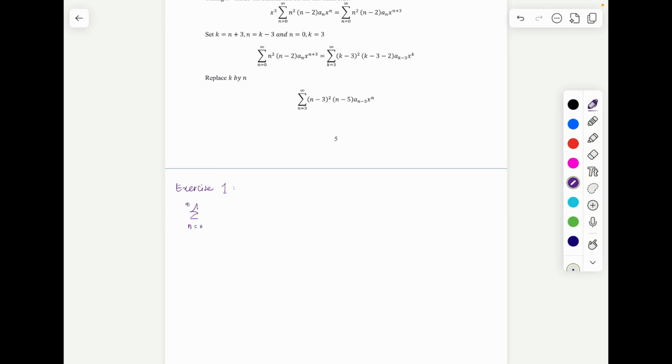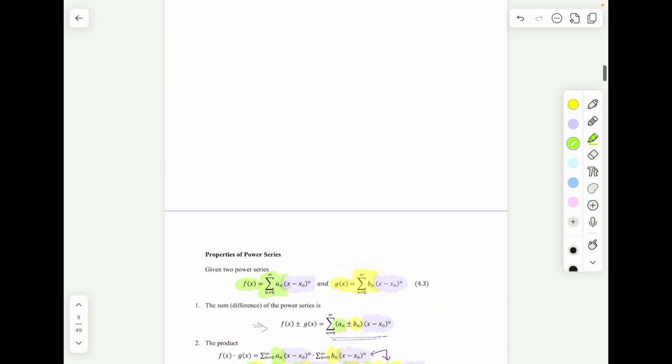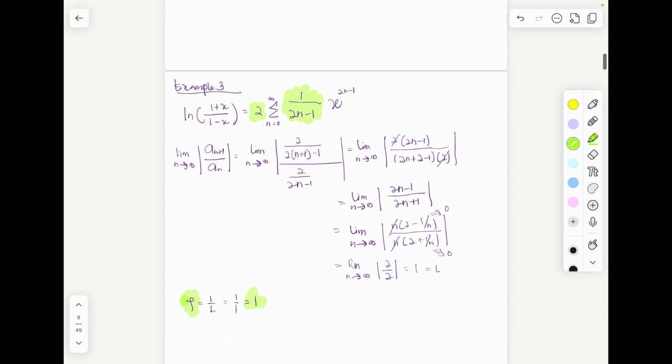So what we have is the series 2 to the power of n divided by n, and then we have 2x minus 6 to the power of n. Okay, we have this kind of series. But if you recognize this part, compare to the one that we have done on the example, on the example we have x to the power of something.